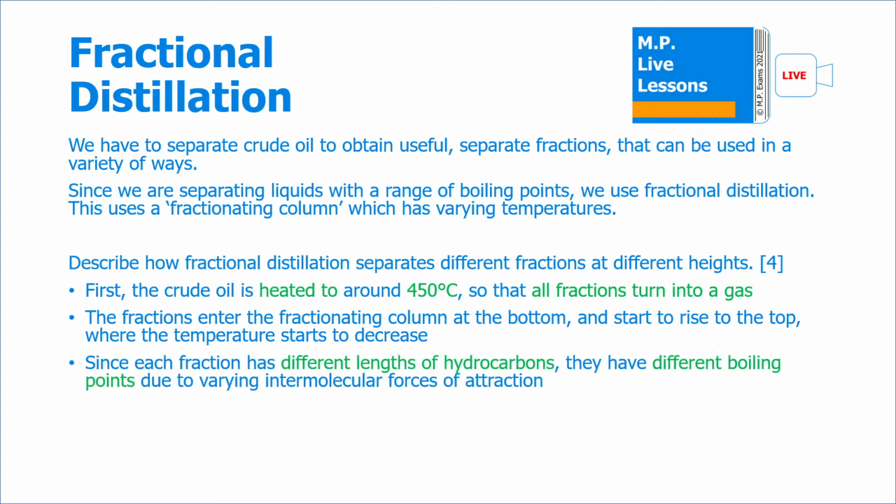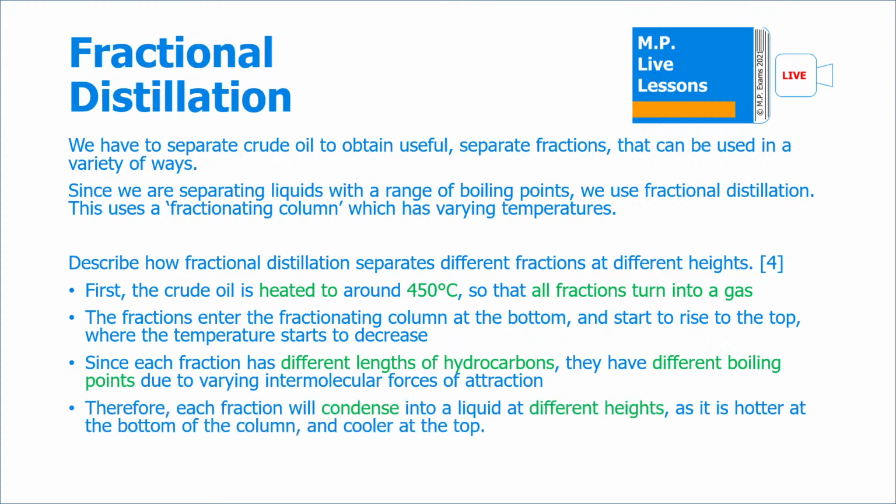Now, you should know that each fraction has different lengths of hydrocarbons, and they will have different boiling points. That means each fraction will condense into a liquid at different heights because it's hotter at the bottom of the column and cooler at the top.